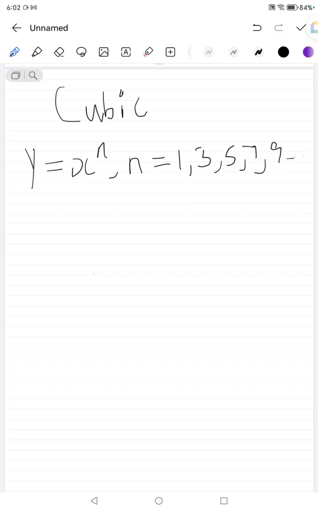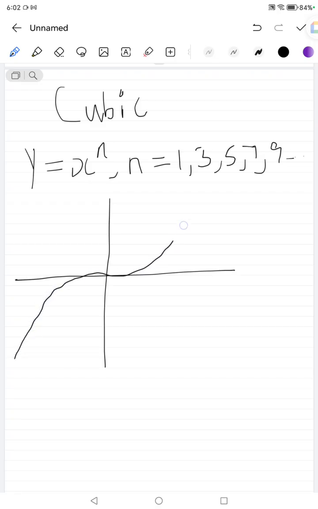So let's say they've given you y equals x to the exponent n, where n is 1, 3, 5, 7, 9, and so on. Then you go and ask, how is my graph looking? The graph would look something like this, as I've indicated.